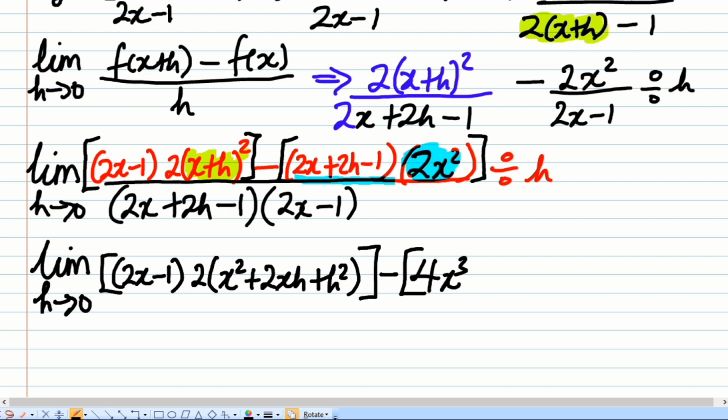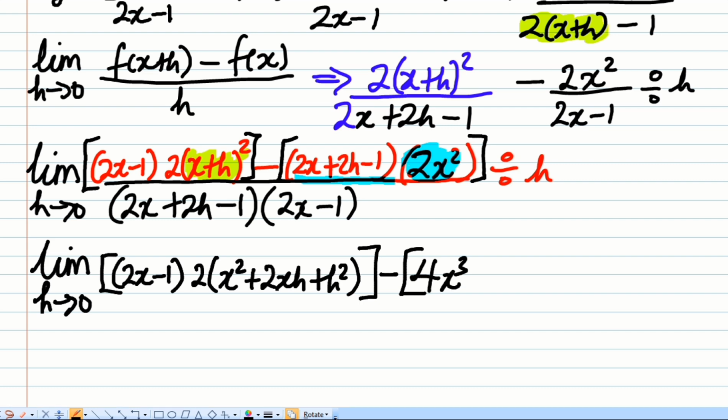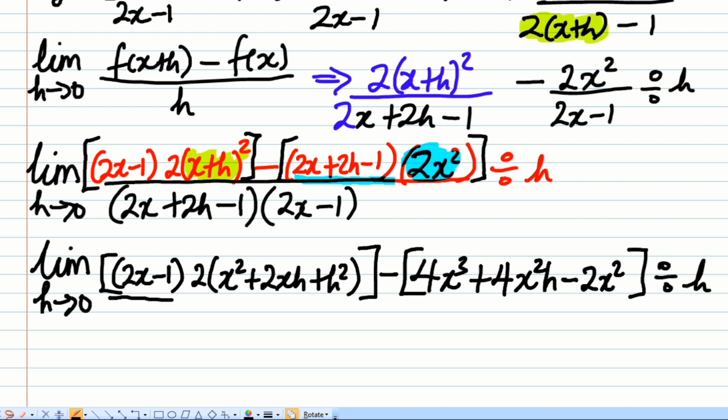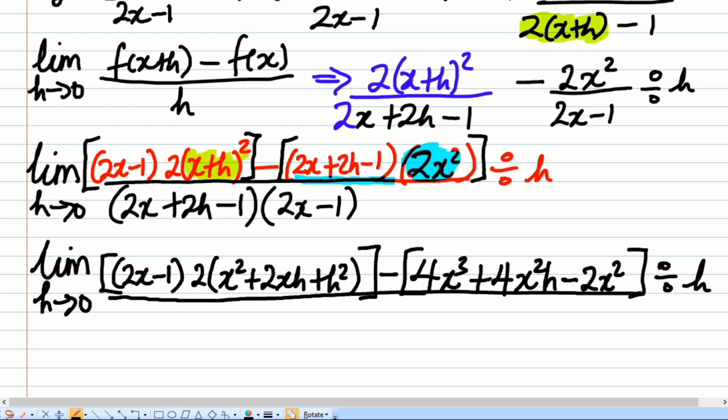Good. 2x squared times 2h. 2 times 2 again is 4. x squared times h, you just have x squared h. That's what we have. And then 2x squared times minus 1 is just minus 2x squared. So I think this one is easier to expand. Don't forget you're divided by h somewhere there, and don't forget that this is all over this nonsense looking denominator.